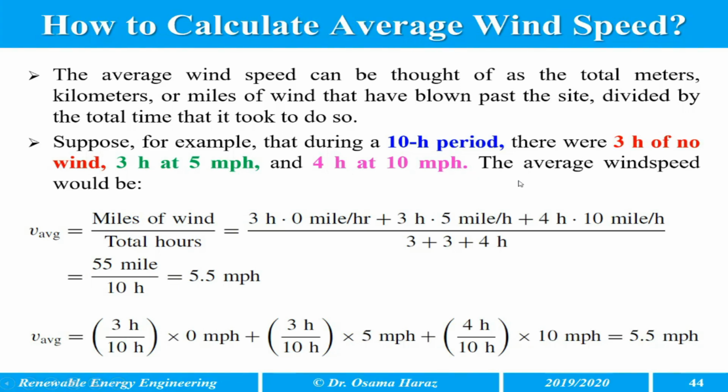The average wind speed becomes 3 times 0 plus 3 times 5 plus 4 times 10, over the total number of hours, 3 plus 3 plus 4, which is 10. So you get 55 over 10, which is 5.5 miles per hour. This is the average velocity or wind speed.